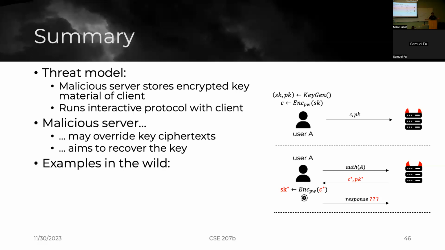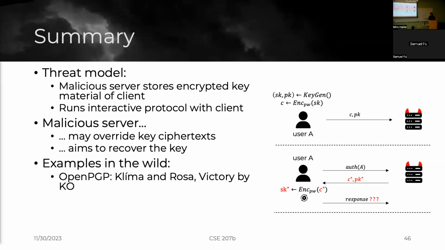So examples of key overwriting attacks occurring in the wild: OpenPGP, where we looked at the Mapossa attack from 2022, which is basically the base version of this, where you just change the public key, with a very bogus big Q value.